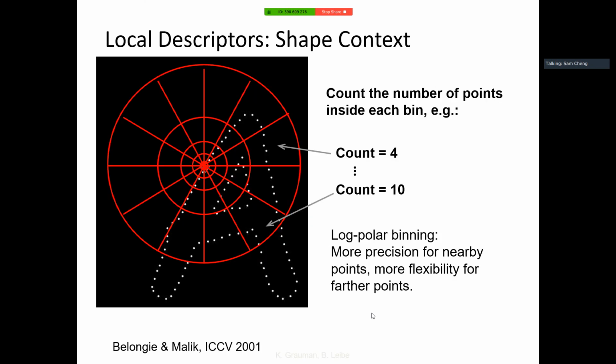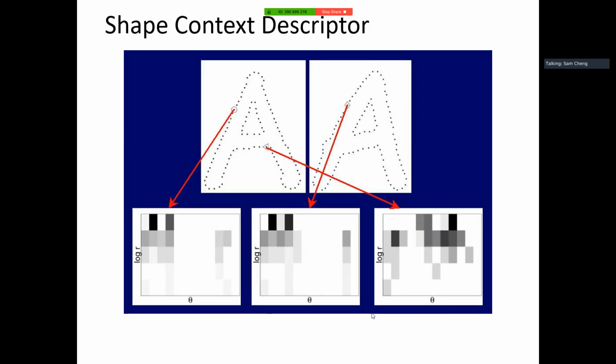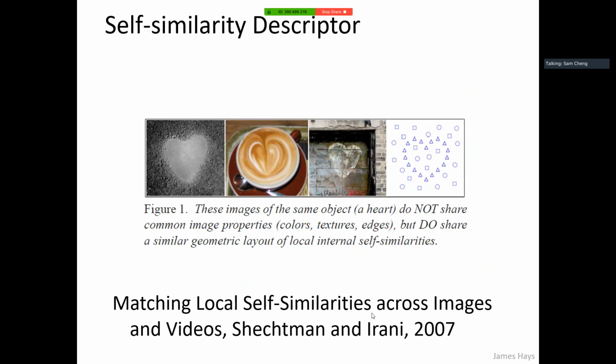Also, just as a side note, I want to mention some other forms of descriptor. There's a work by Malik in 2001. It used a histogram idea, but considers a bin that has a kind of shape like this, and just counts the number of points in the bins there. And there are also other descriptors, for example based on self-similarity.